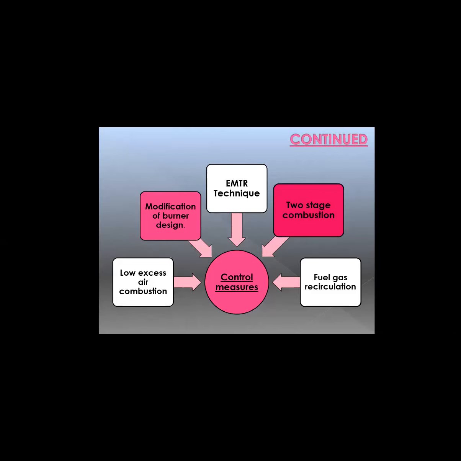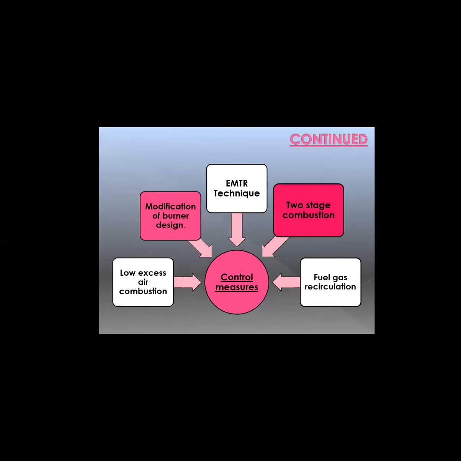We go into two-stage combustion. Now, in two-stage combustion, as the name suggests, we are not going to carry out the combustion process in one step. The reason is that if we carry out the combustion process in one step, we need to supply a greater amount of oxygen, and at the same time, the high temperature also has to be provided.